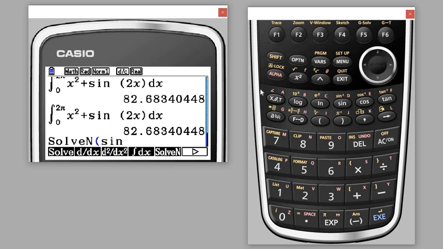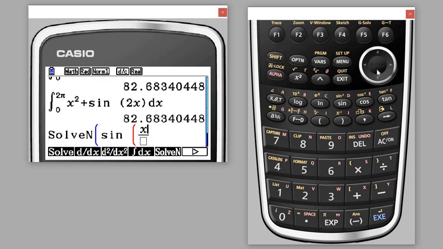I'm going to put my equation in first. So I'm going to go sine x on 2, shift decimal point to get my equals, and I want to find out when it's equal to 0.5. Now for this to work, I need to put in the function that I'm trying to solve. I'm going to press the comma, and I'm going to tell it what variable I'm trying to solve for.